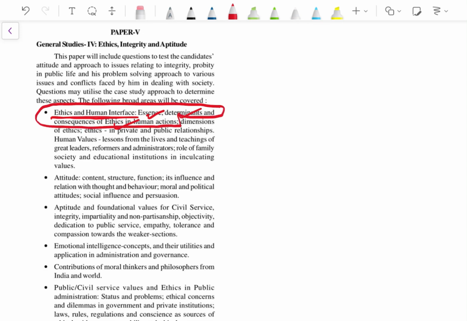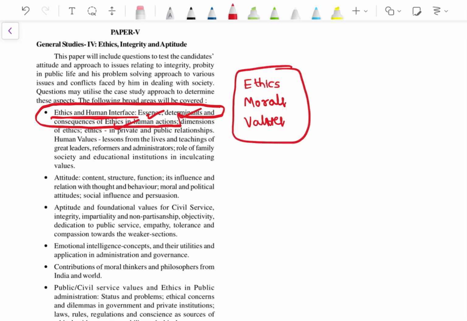We will be discussing the basics: what is ethics, the definition of ethics, what are morals, what are values, and the connection between them. We will try to understand these things from the basics, and understand the difference between each of these terms.